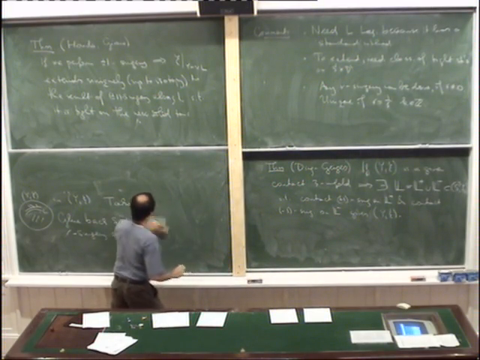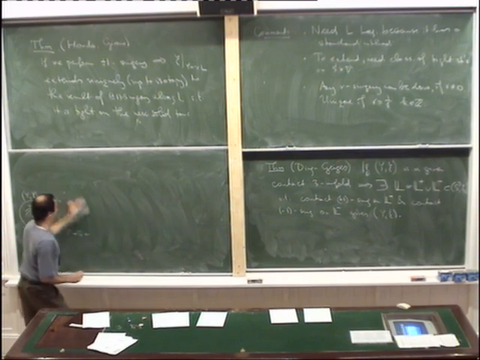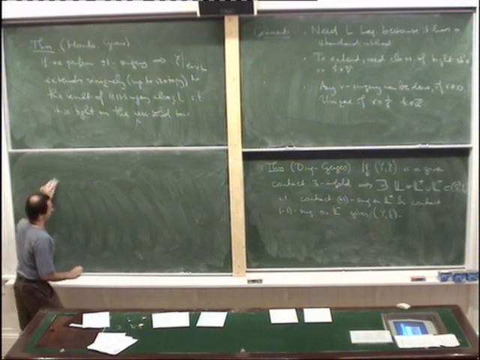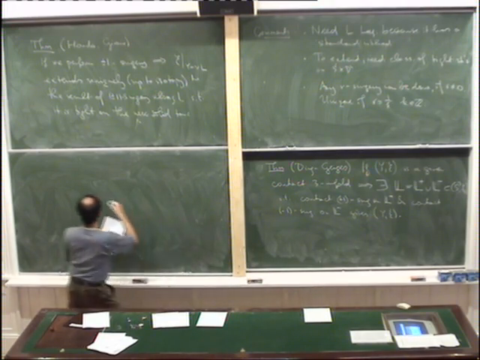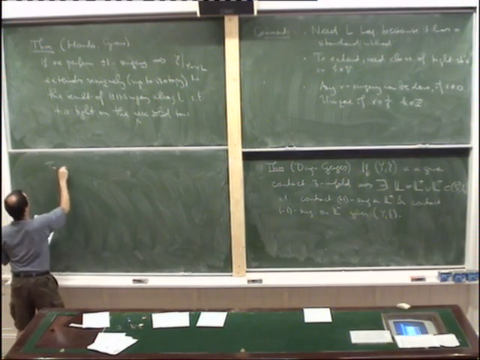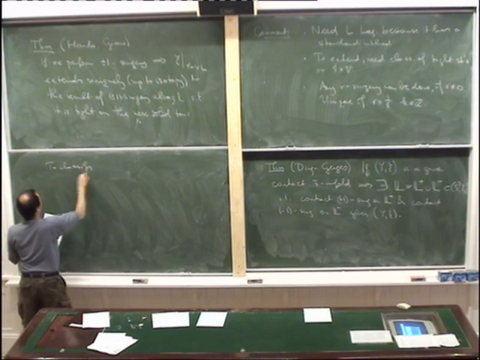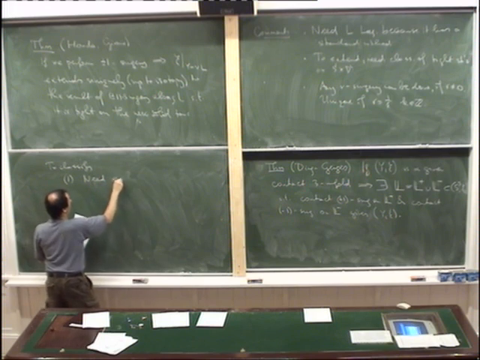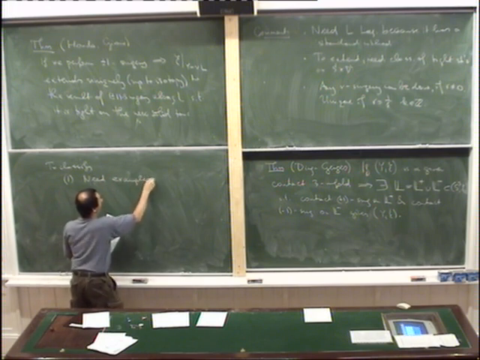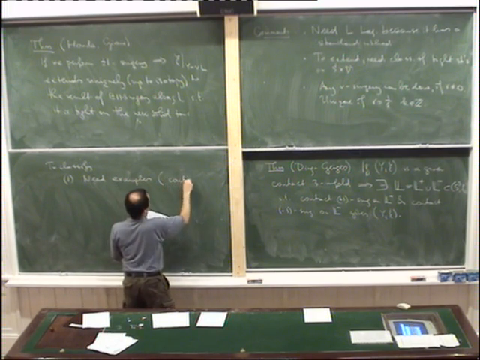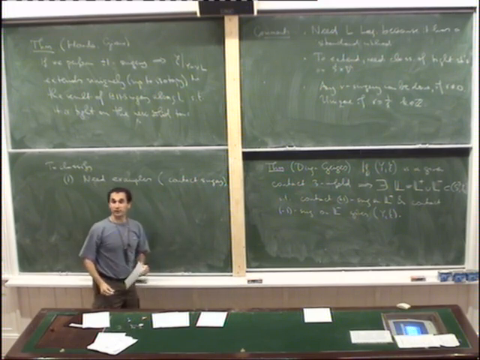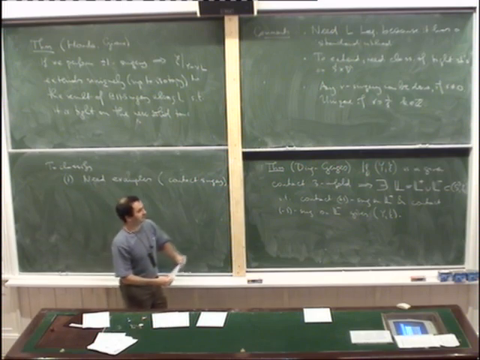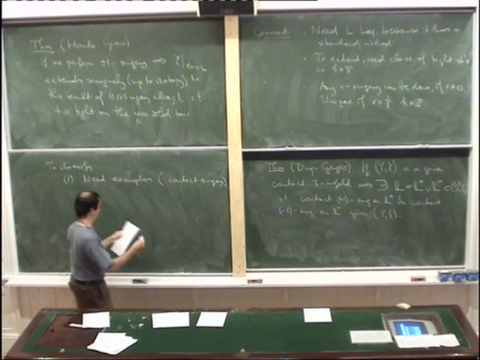We would like to classify tight contact structures on 3-manifolds, and in order to do that, we sort of need 4 tools, and I listed them. So to classify, we need to have examples. And this is provided by contact surgery, for example. So this is one way of doing examples: Legendrian knots in the standard S3 and doing contact surgery.